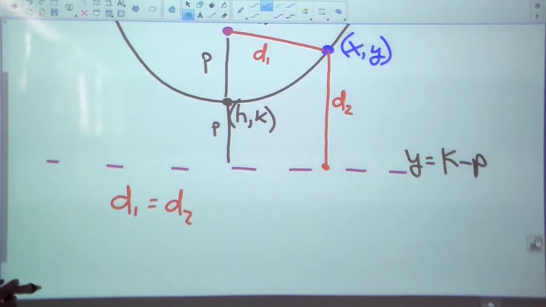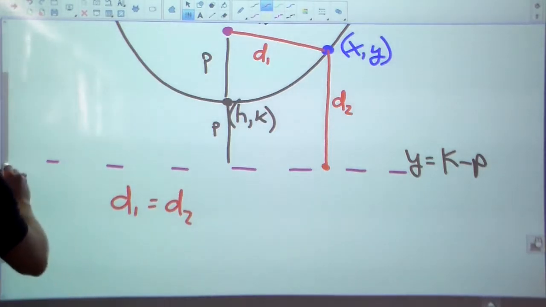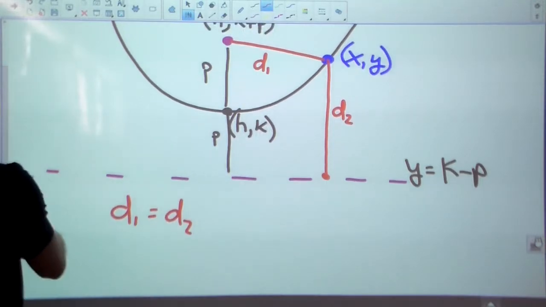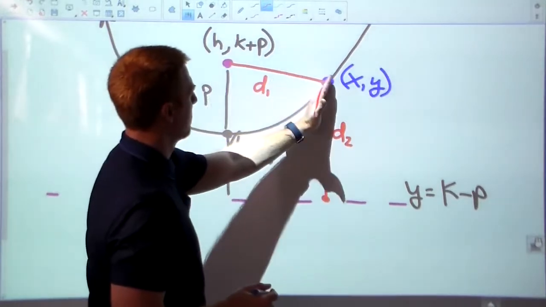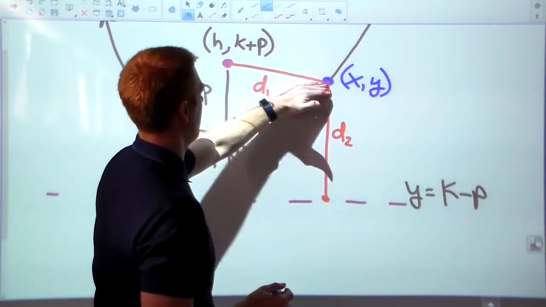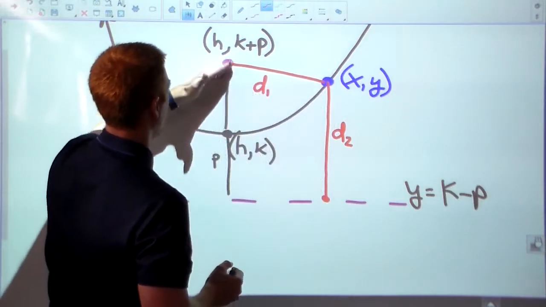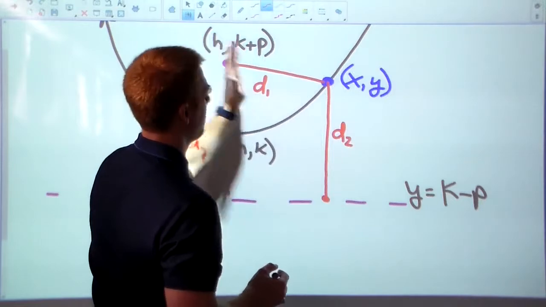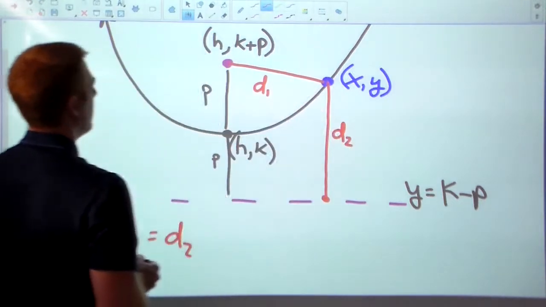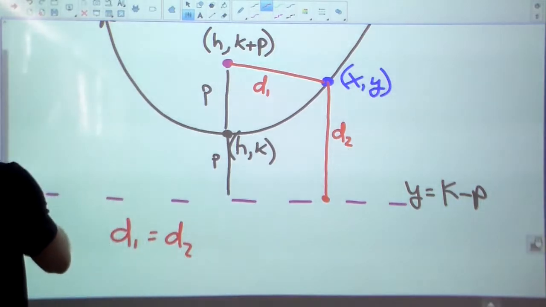So now the challenge is, let's define what D1 and D2 are. Well, D1, for the x-coordinate, you can think of a distance formula. If you kind of made a little triangle here, it's going to be x minus h, or h minus x, whichever you want to go. So I'm going to say x minus h squared.